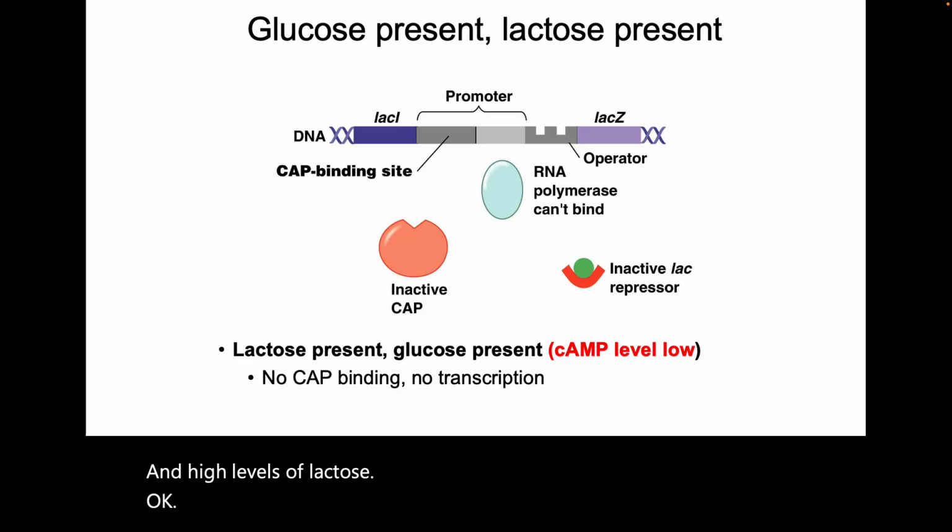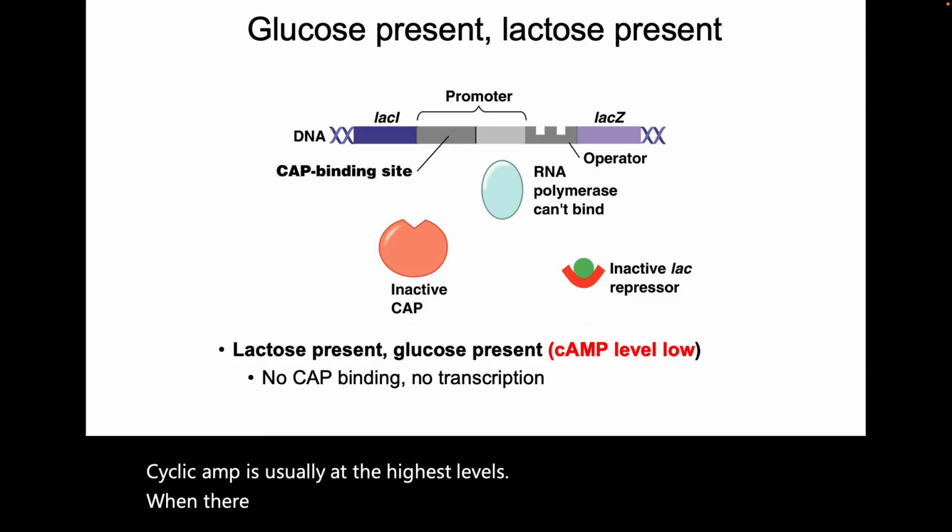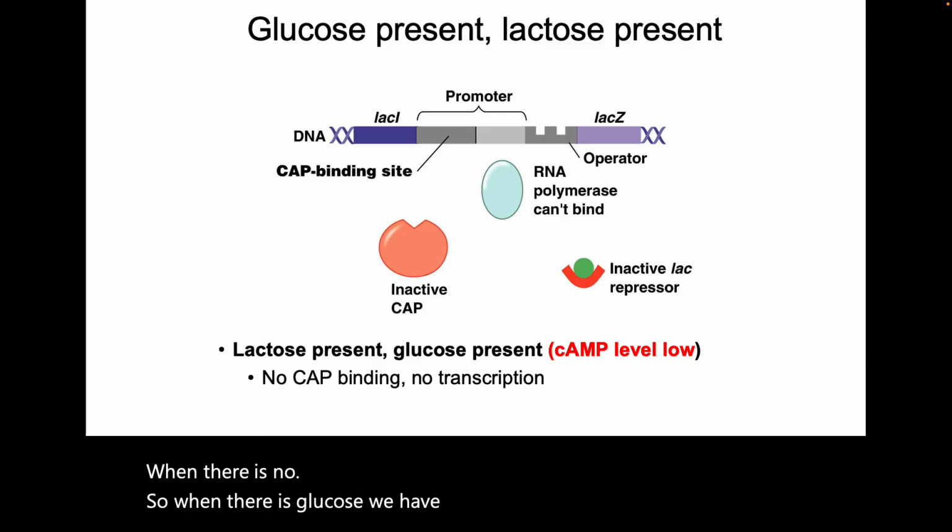So what happens is there's this little molecule called cyclic AMP. Cyclic AMP is usually at the highest levels when there is no glucose. So when there is glucose, we have low levels of cyclic AMP.